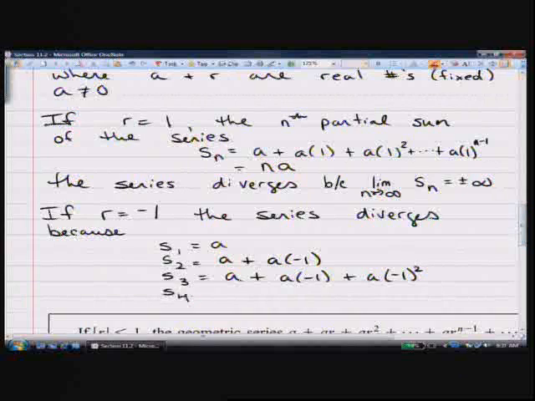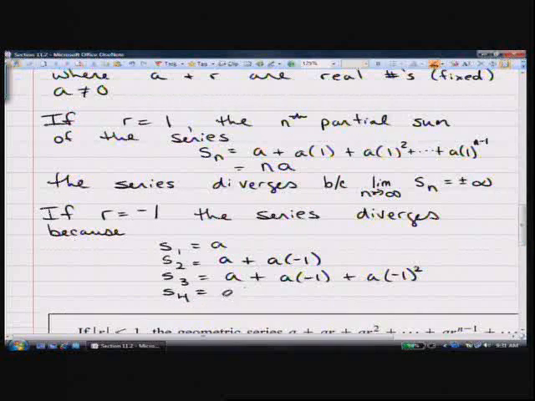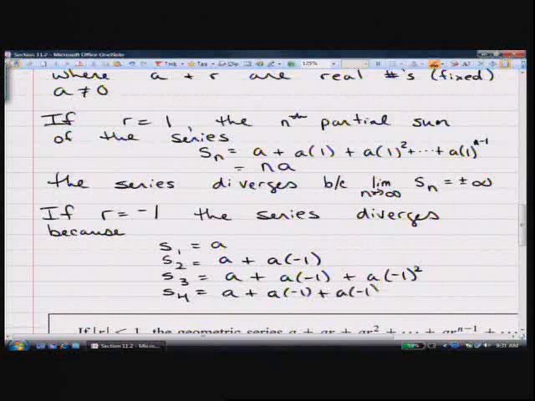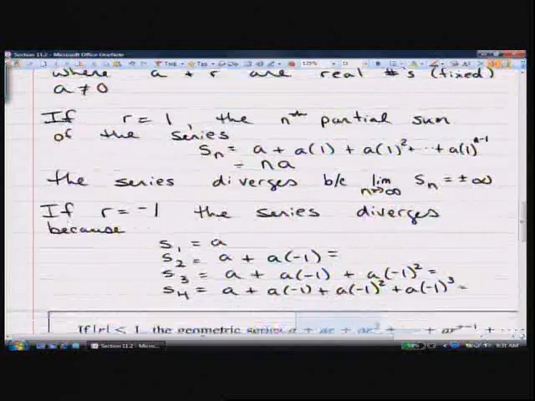And S sub 4 would be all of these. So what would that be equal to? Can you see what these are equal to?